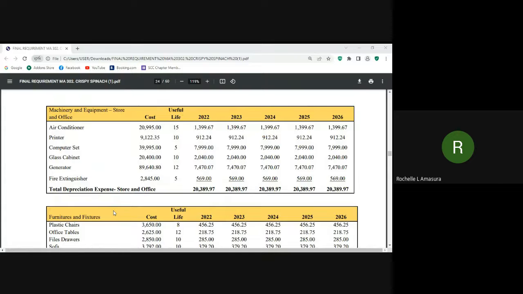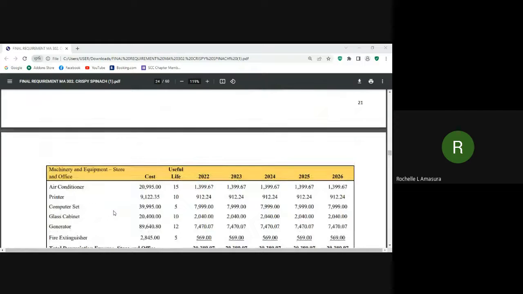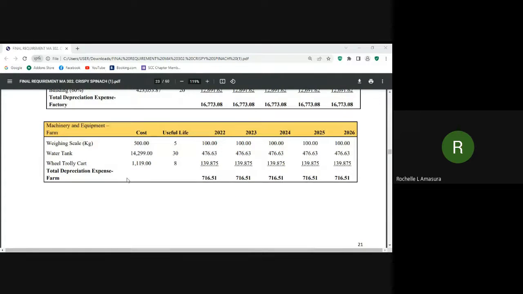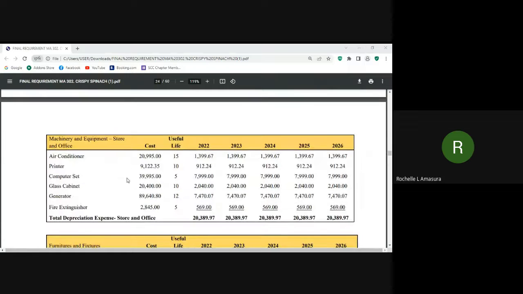Same ani ang weighing scale, 500 ang cost niya. Useful life niya is 5 years, then 100 every year. Dayon, ipang-plus ni sila, walay labot ang useful life sa pag-plus kay every year man. I-plus na ni sila by year.